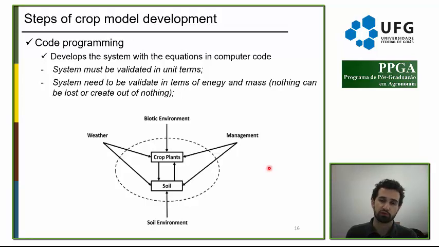So I put in 10, 5 lost by drainage and 5 by transpiration. My system is okay. I don't create new water or lose water to some output that I don't know about in my model. I need to check this to see if my model is working well.